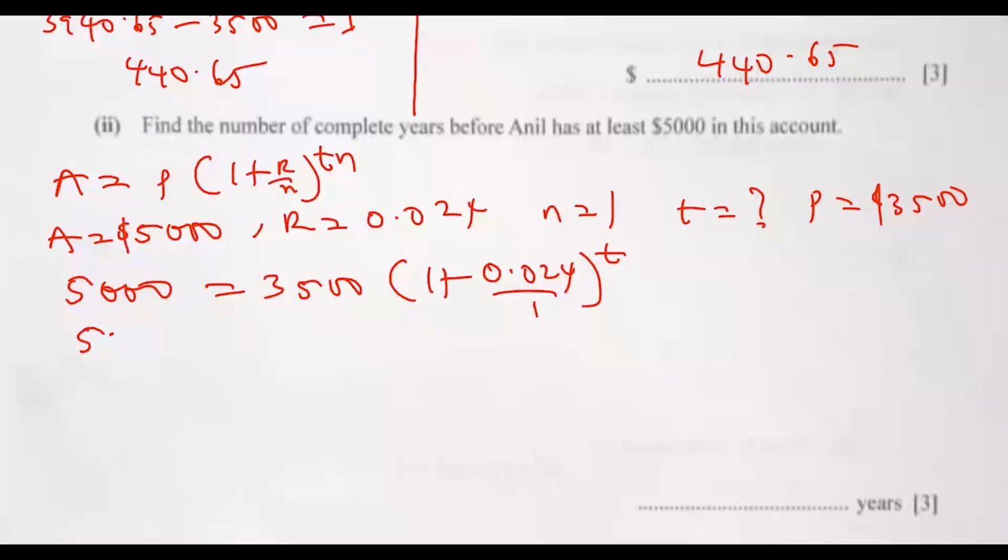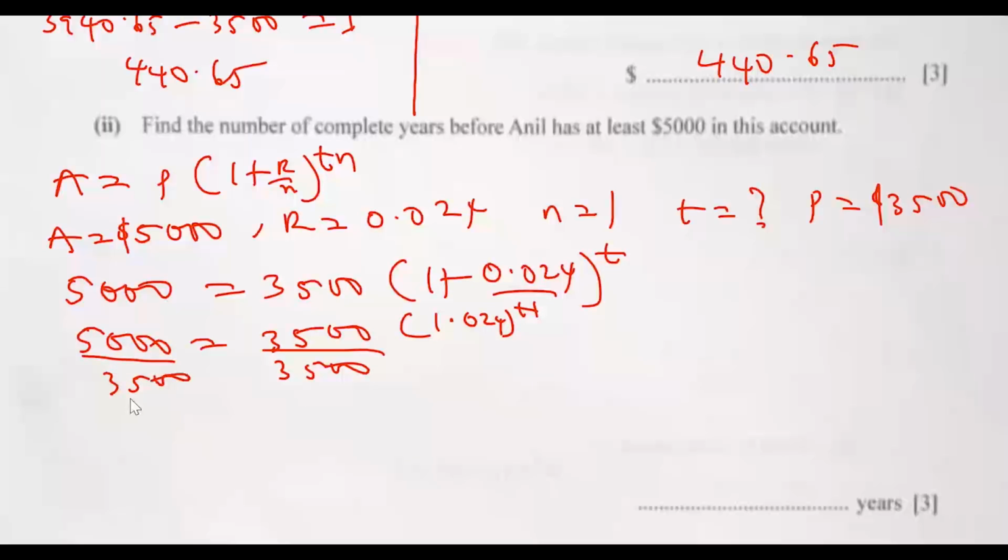So this will be 5,000 equals 3,500 into 1.024 to the power of t. If you divide both sides by 3,500, this will go, and this will give us 1.43 equal to 1.024 to the power of t. So we need to take the logarithm of both sides.